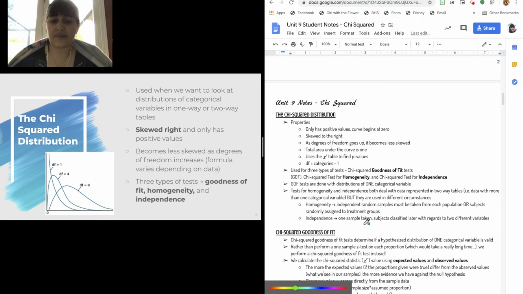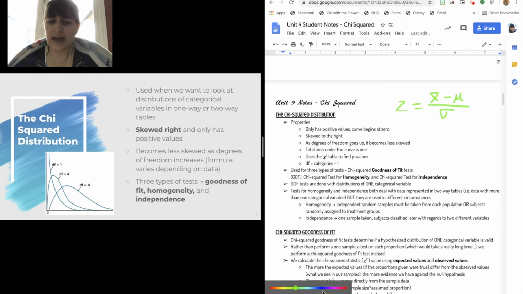So you would see something like this. Remember, z equals x bar minus mu divided by standard deviation. Remember that? And then t had a similar thing.